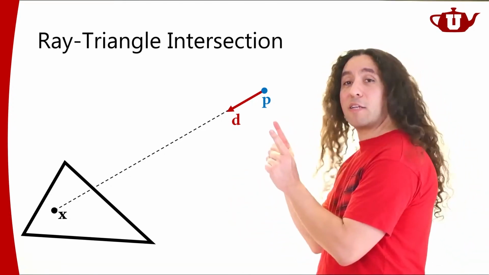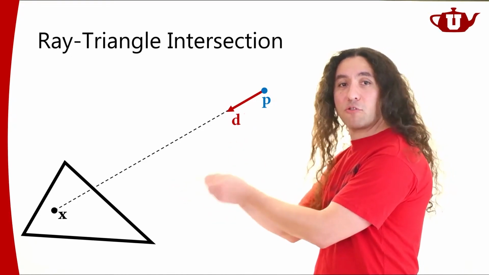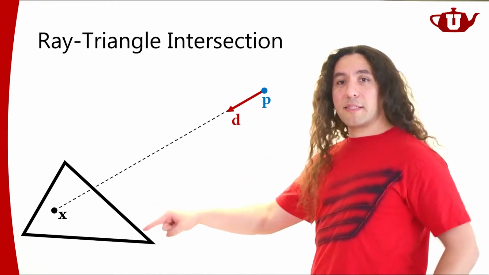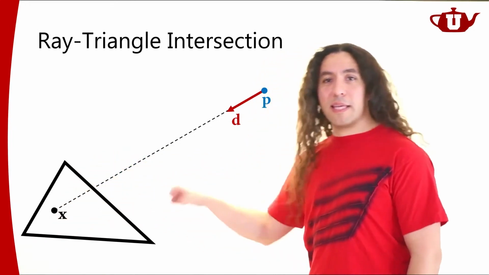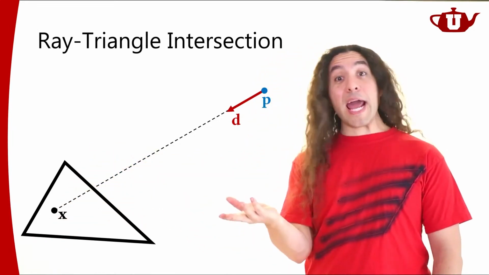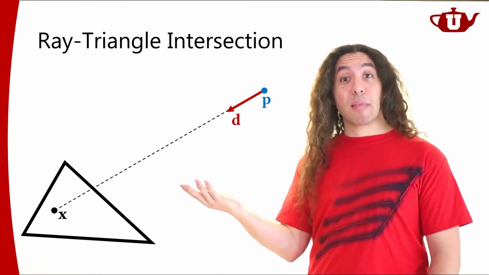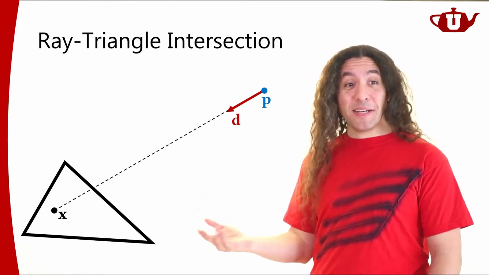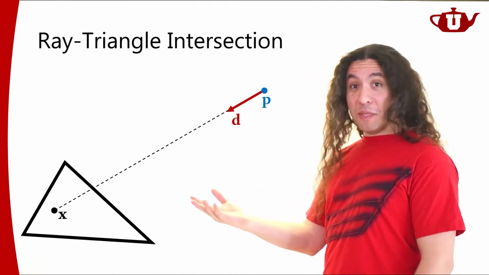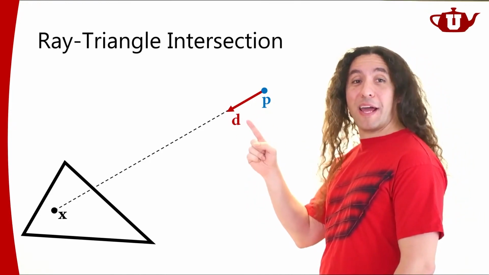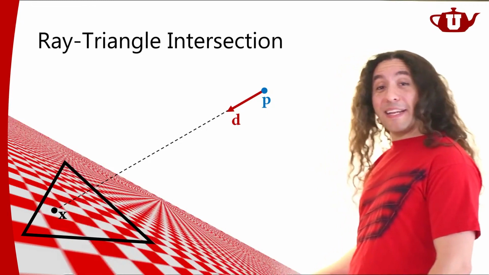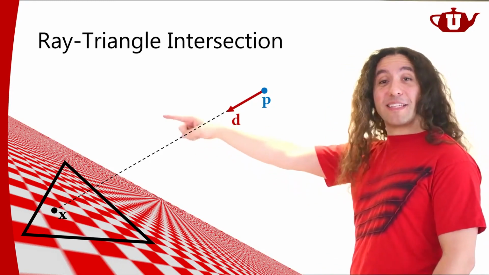If I have a triangle, these three vertices of that triangle in space will define a plane, right? So what I can do is compute the intersection of this ray with the plane that is defined by these three vertices.